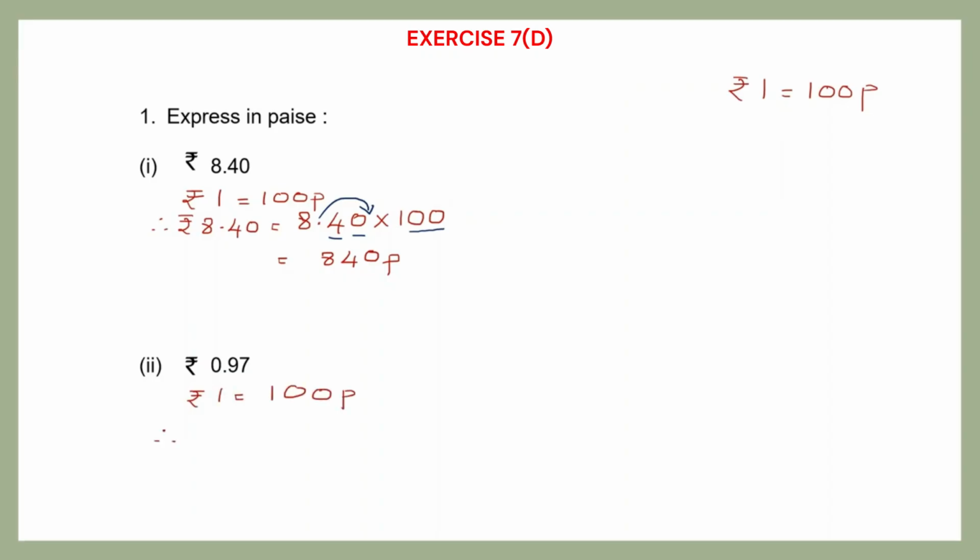Therefore, 0.97 rupee will have 0.97 into 100. Why 100? Because 1 rupee has 100 paise. 2 zeros, point will move 2 places to the right and come here. So what do we get? 97.0 or 97 paise.